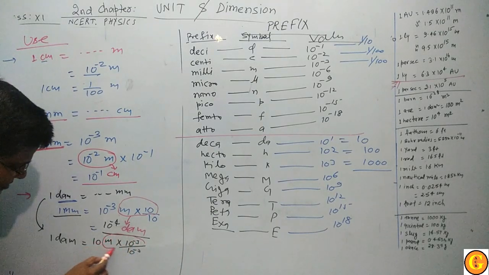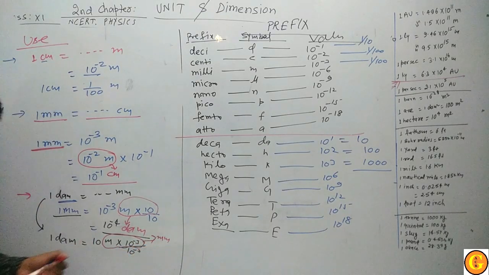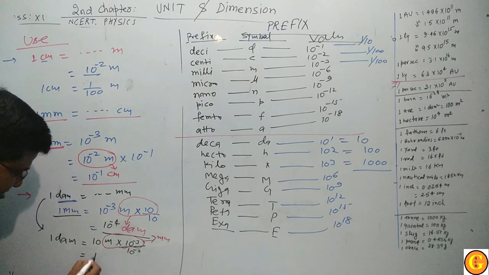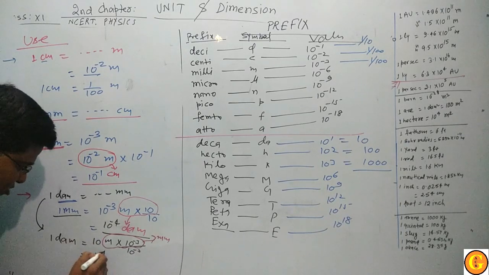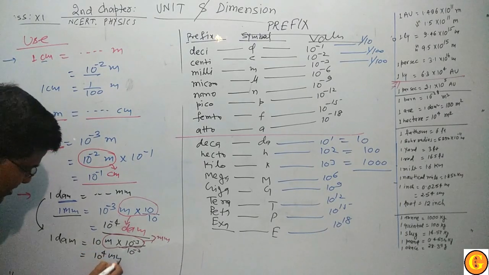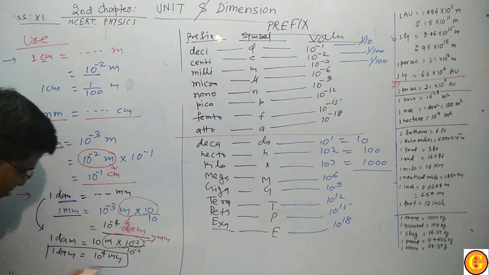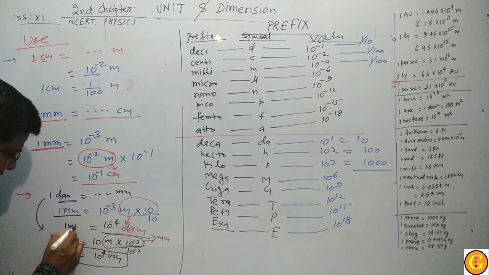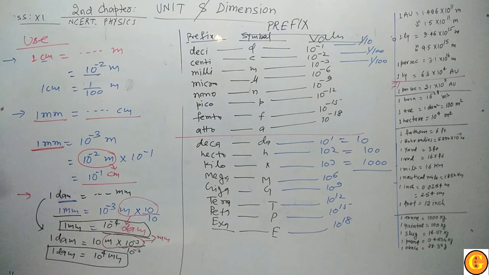The numerical value becomes 10 divided by 10 to the power minus 3, which is 10 to the power 4 millimeter. Means 1 decameter is equal to 10 to the power 4 millimeter. Reversing, 1 millimeter is equal to 10 to the power minus 4 decameter.